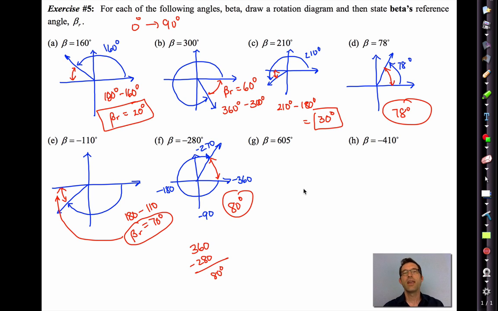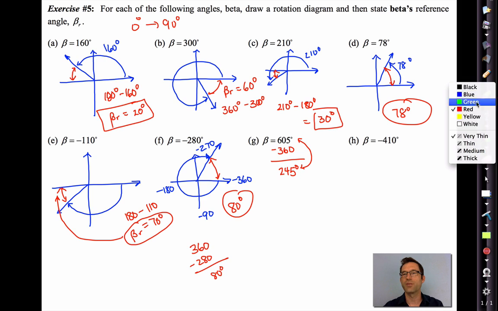All right. Now the 605, that's challenging because 605 is greater than 360. So one thing that's helpful to do is to find a coterminal angle that's within what we want. So if I take my 605 and I subtract 360, I'll find 245 degrees. All right, these two things are then coterminal, so they'll have the same reference angle.